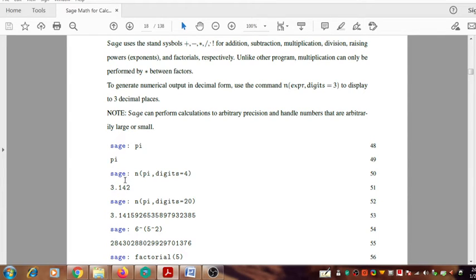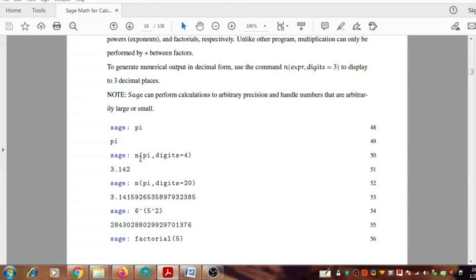The general syntax for representing decimal numbers is given here. So we can approximate the value of pi with n, in brackets, first pi, then comma, digits equals 4. Then it will give you 3 decimal places, since digits equals 4 gives the approximate value of pi correct to 3 decimal places.